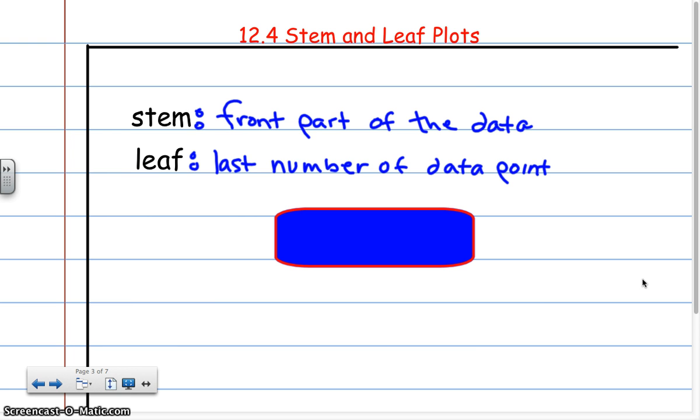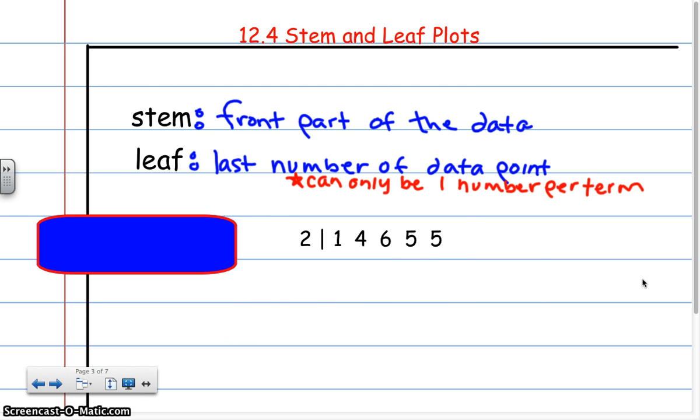A leaf can only be in the ones position, can only be one number per term. So, let me give you a visual.